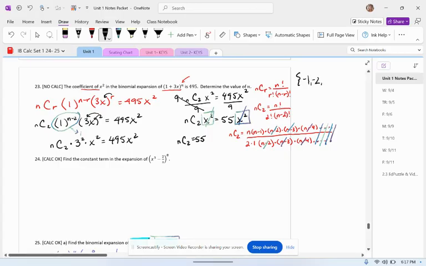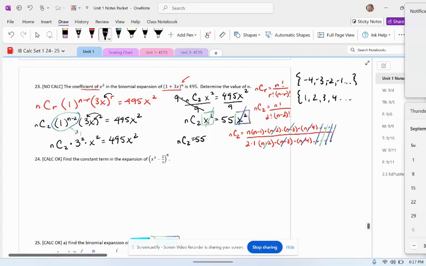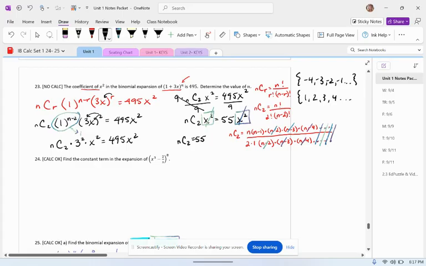It would be in the reverse order here: dot, dot, dot, -4, -3, -2, -1, right? And then think about the set of all positive integers, right? It would be 1, 2, 3, 4, dot, dot, dot, right? This cancels this. This cancels this. This cancels this. If we keep going in either direction towards infinity, these two sets of numbers have cardinality. They directly cancel one another out. That's exactly what's happening down here with all these factorials.